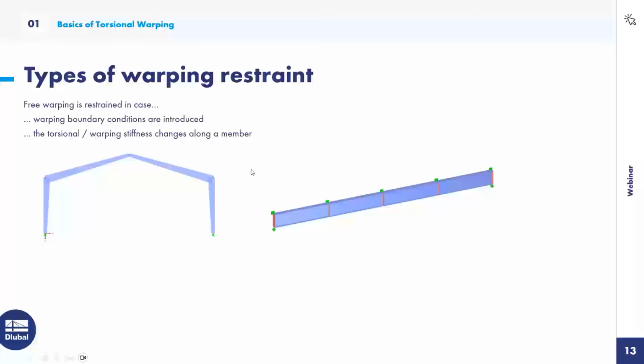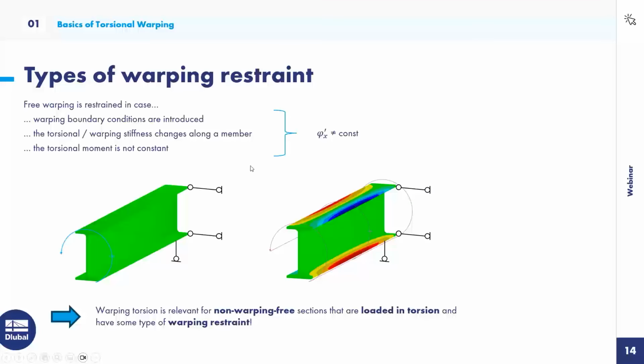But before we do so, let's check the third important type of warping restraint, and that actually comes from the loading itself. So far, in the 4 examples that we have already modeled, we have just applied a concentrated torsional moment at the end, which means that we had a constant torsional load over the member length.